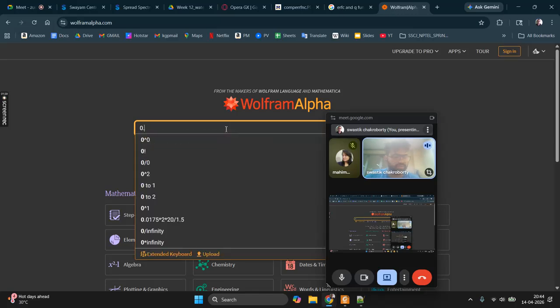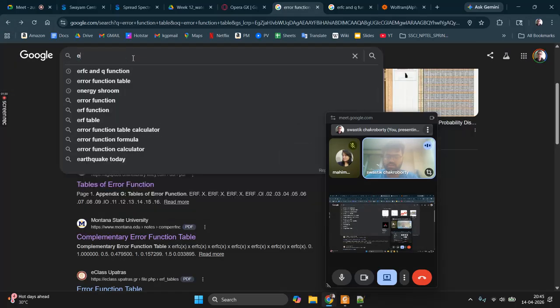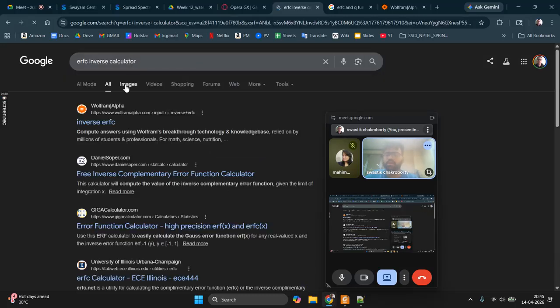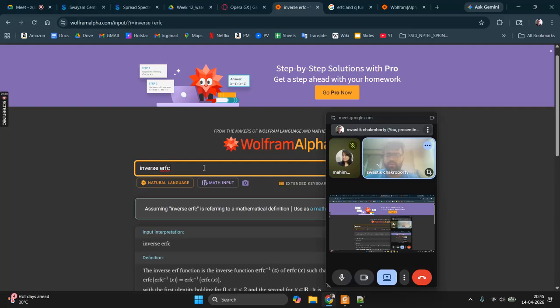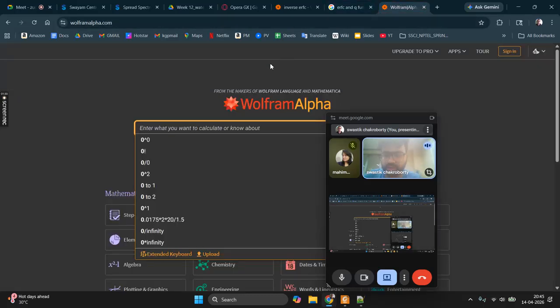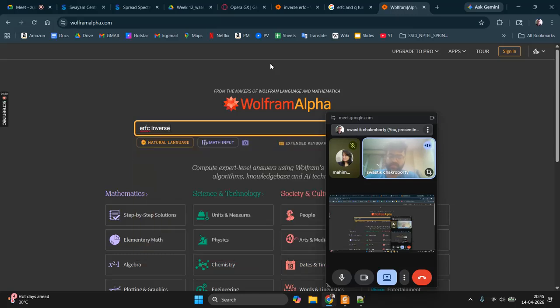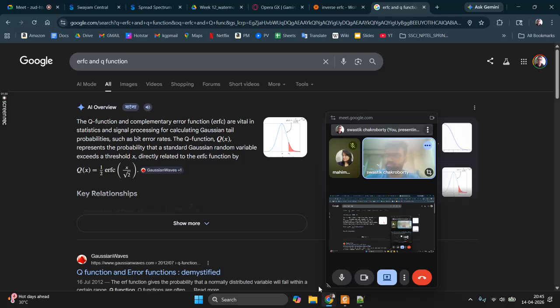So half ERFC is 0.5 into ERFC of x by root 2, so x is the inverse ERFC of 2 into 0.01. I'll just do the calculation.